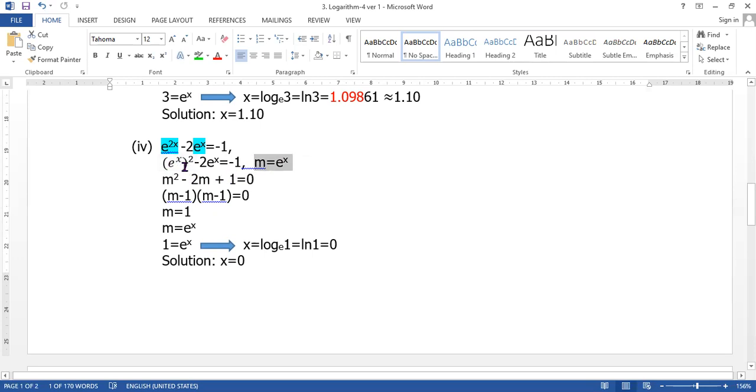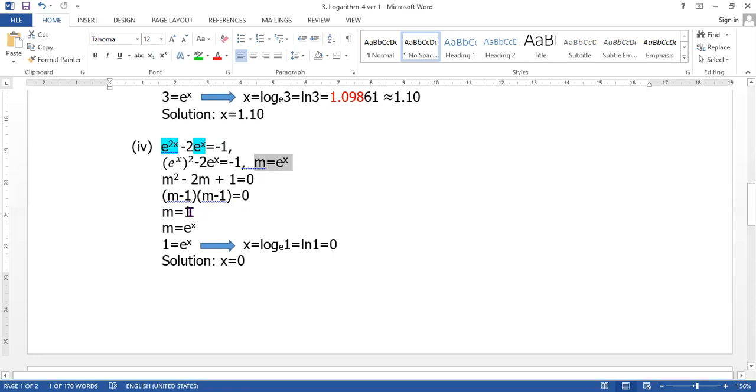We substitute m, and we get m squared here, 2m minus 1, move to the left side as plus 1. Okay, we get quadratic form, we factorize, we get the solution equal 1.